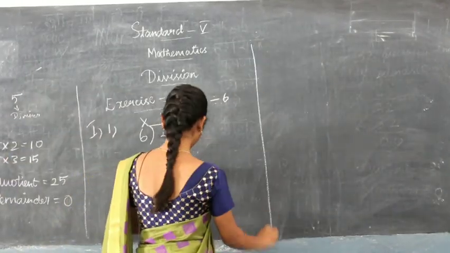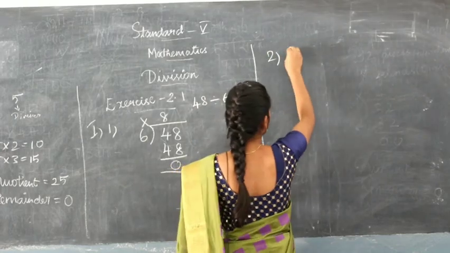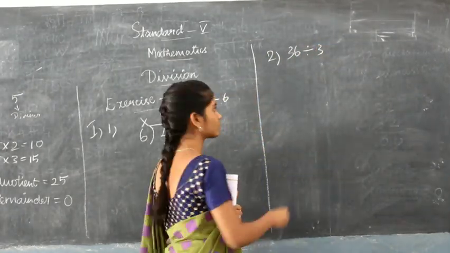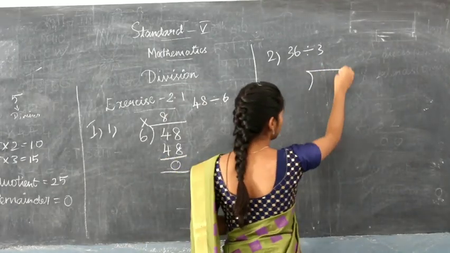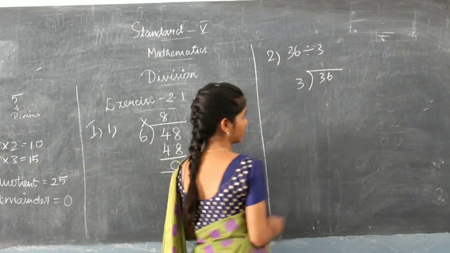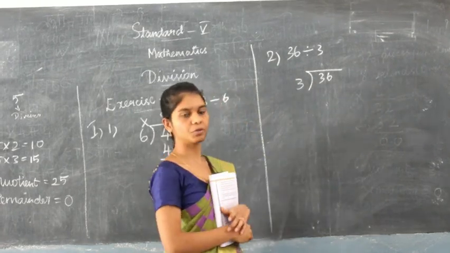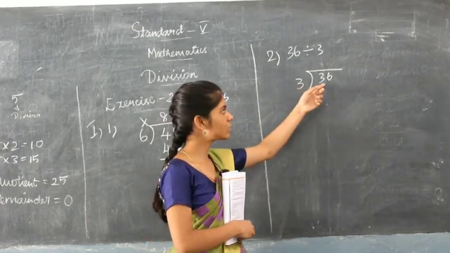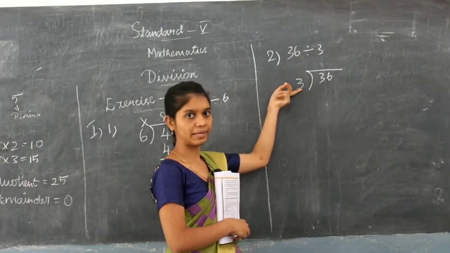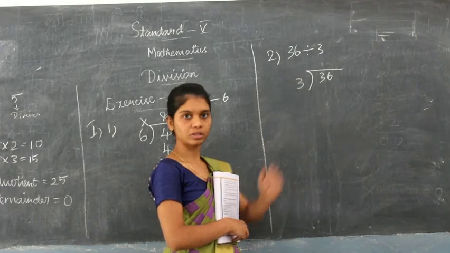Next one. Second question is 36 divided by 3. You should write the dividend inside and the divisor outside. First you should compare the highest place value number, which is 3, with 3, the divisor. So they both are equal.